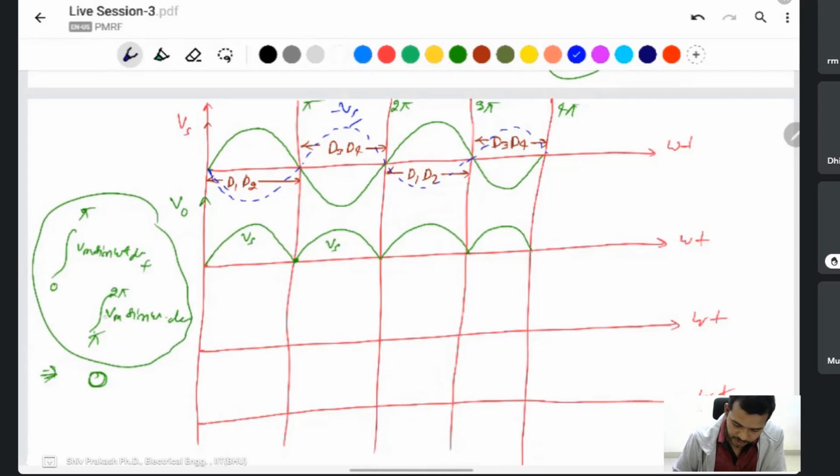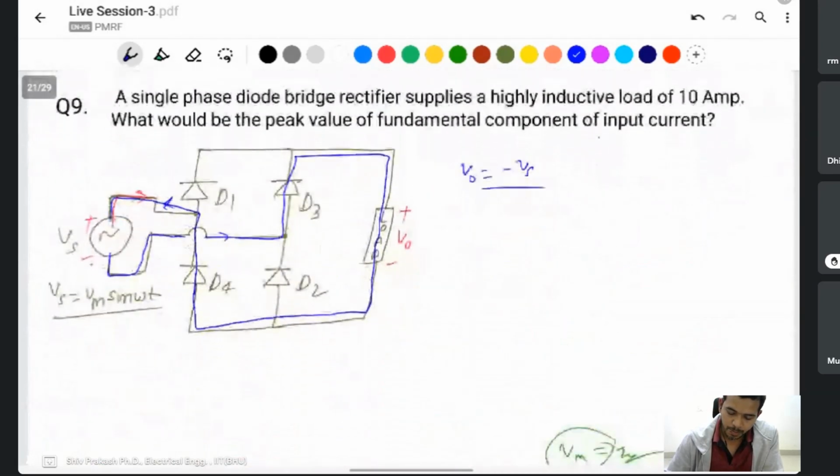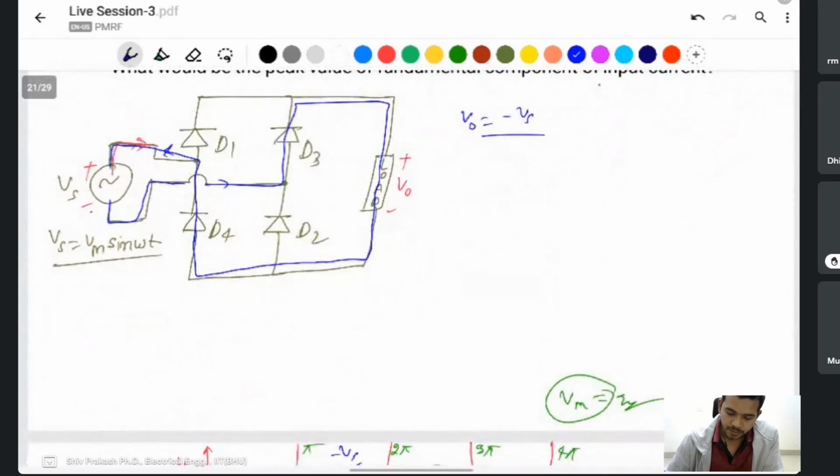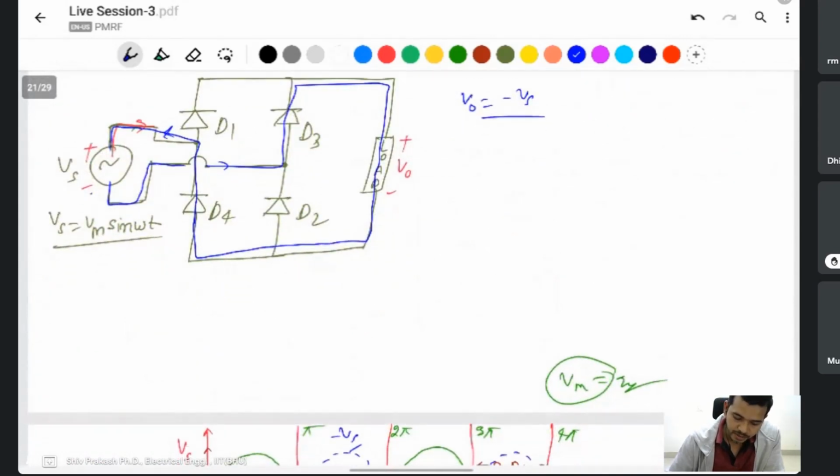That's why you take it as negative for pi to 2 pi. This was Vs and this was minus Vs. Sir, we are taking load voltage now, sir. Yes, load voltage only. The load current direction is always the same, no? Then this one I draw, na? This one is the V naught only.